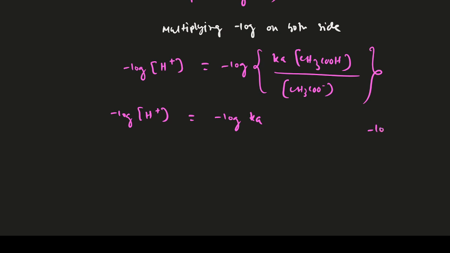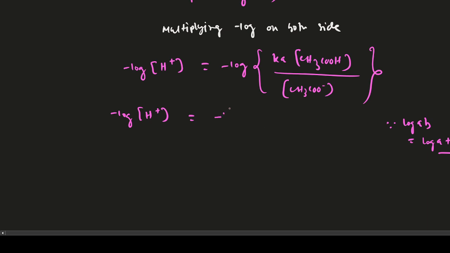Since we know that log of A times B, we can write that as log A plus log B. Okay, so since this is multiplied by Ka, I can write log Ka.